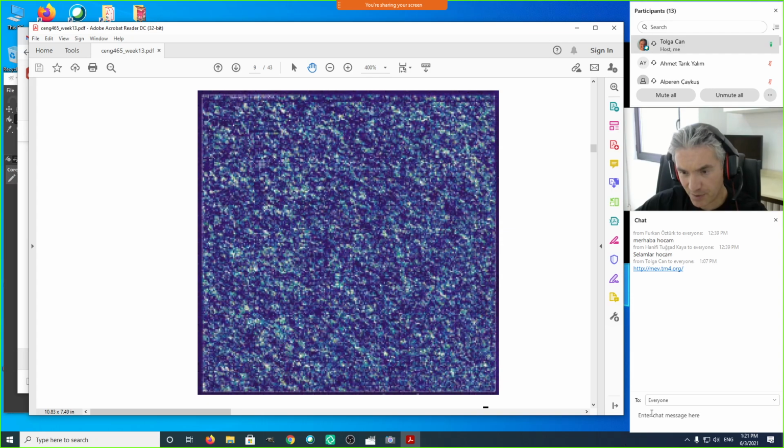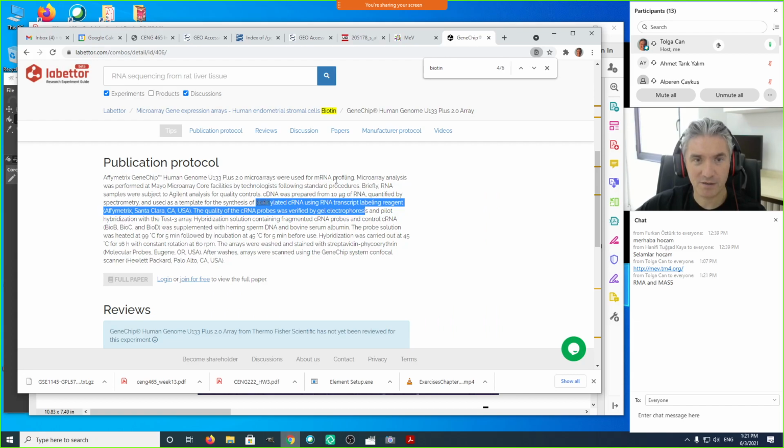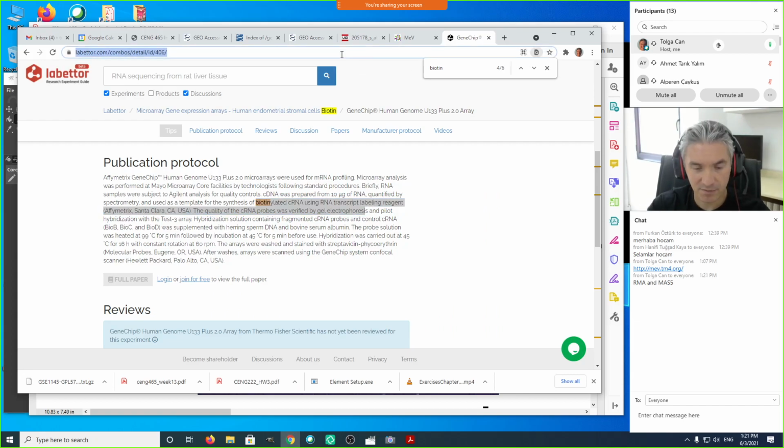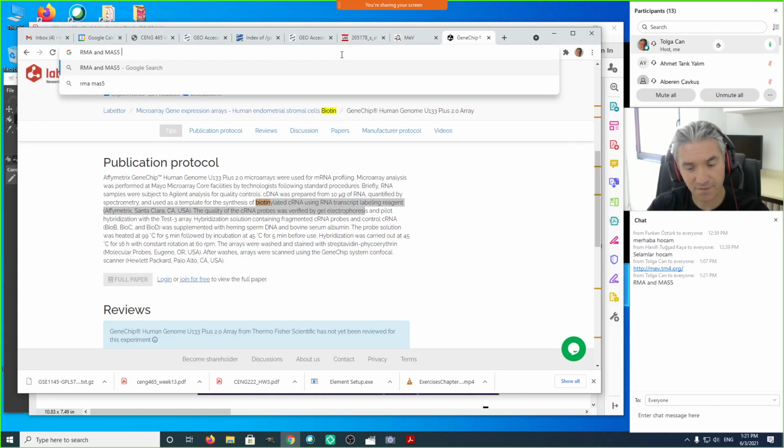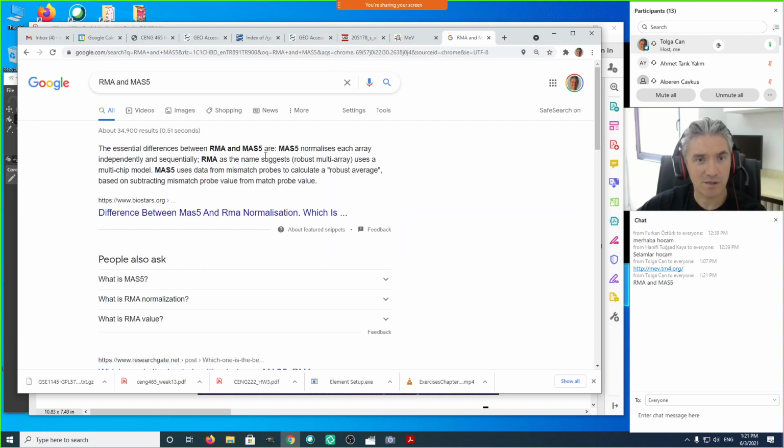There are basically, let me write in the chat box, two algorithms to convert these values into a single expression value, single quantity value for a transcript. The most widely used ones are RMA and MAS5, but they are not very complicated, as I said. RMA and MAS5. If you take a look at them, they normalize each array independently.